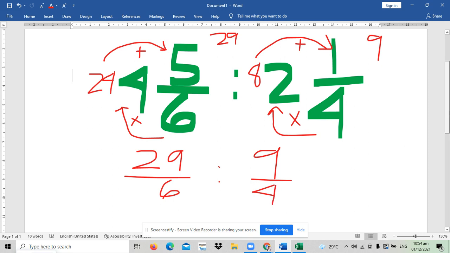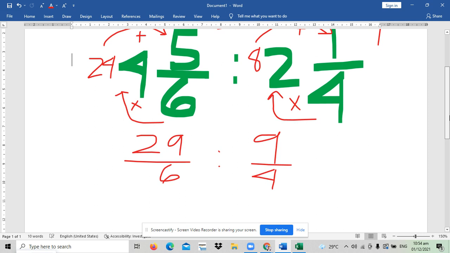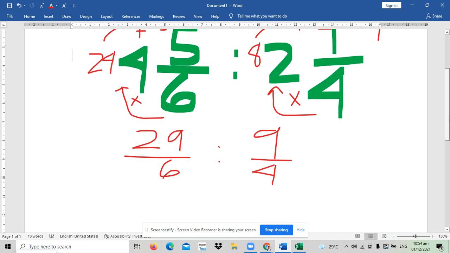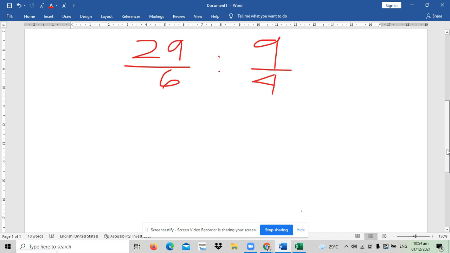In the previous example, where the denominators are the same, I told you to just directly cancel out the denominators. In this example, in this improper fraction form, the denominators are not the same anymore. That means you cannot directly cancel them out.